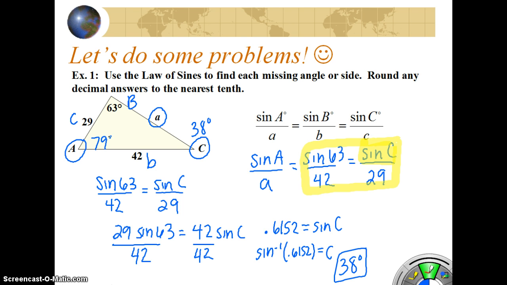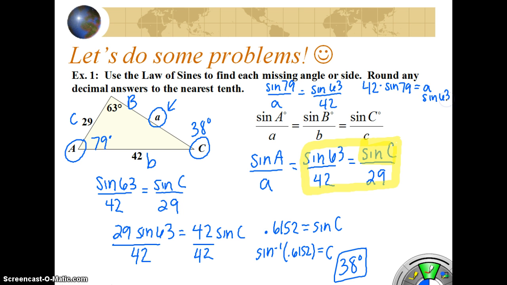And now I need to set up a proportion to find out what side A is, like the side we have missing right here. So we have the sine of A, the sine of 79 over A is equal to the sine of B, so the sine of 63 over 42. Now I can use the first half of my extended proportion. I cross multiply, you get 42 times the sine of 79 is equal to A times the sine of 63.